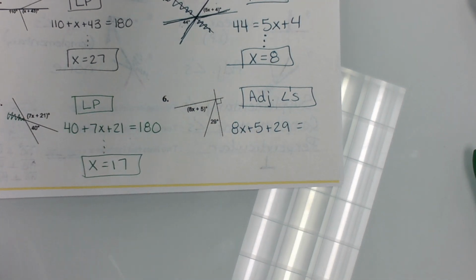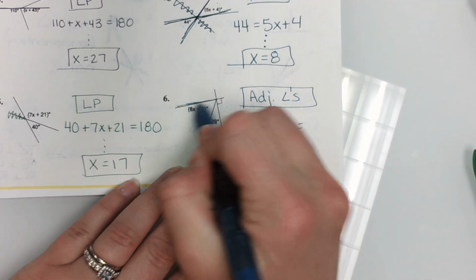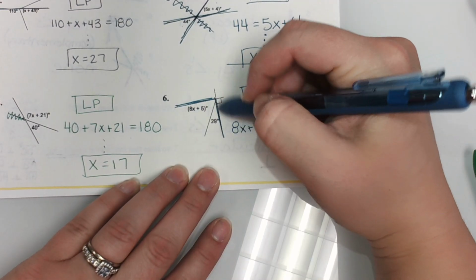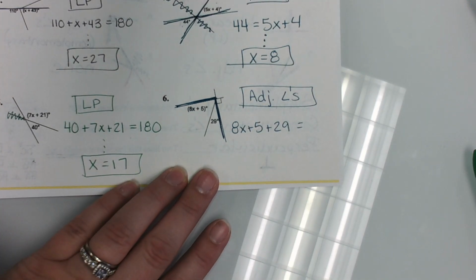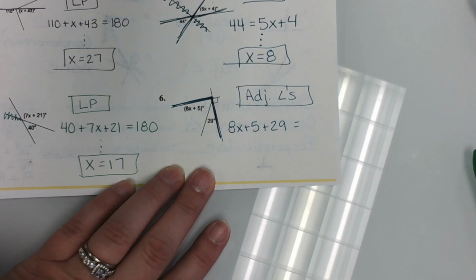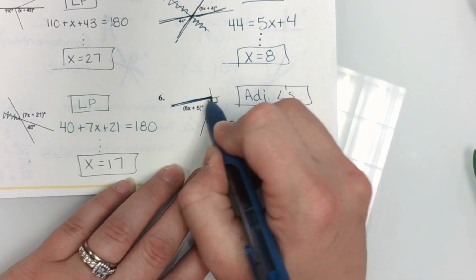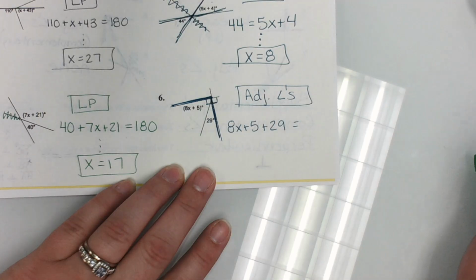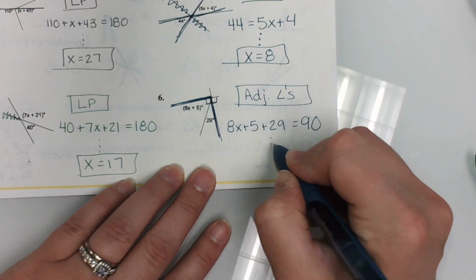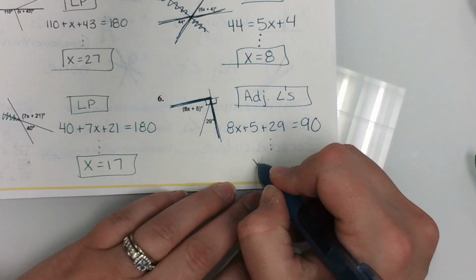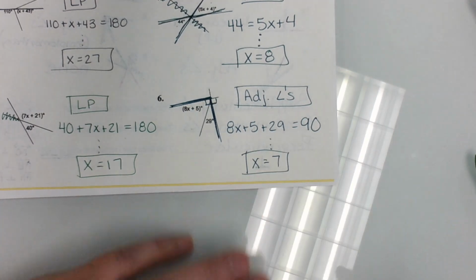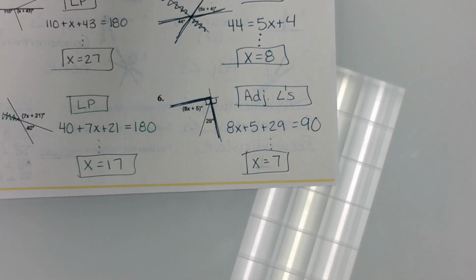But what's the big angle? The big angle being this one. If this one's a right angle, that makes this a right angle, 90. X would be 7. So that is what you are doing today, identifying angle pairing and solving.